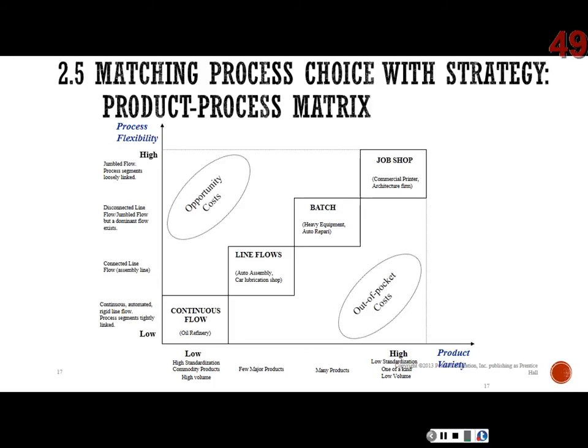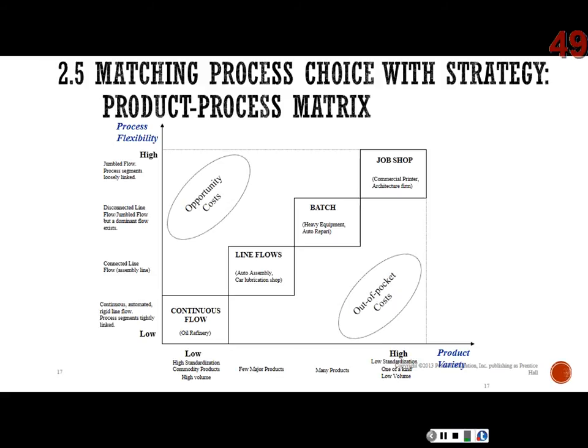And we look at it and go, oh, it's this amazing thing. I doubt you see it as that amazing thing. But the reality is what they're showing us is, on the axes, you have product variety and process flexibility. And they're saying we have different types of processes that fit best with those different mixes of flexibility and variety.